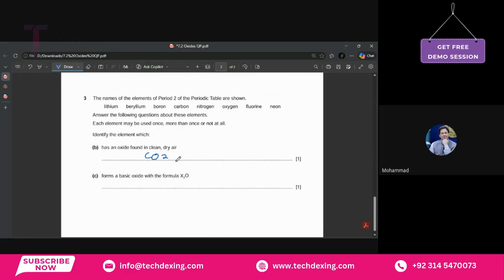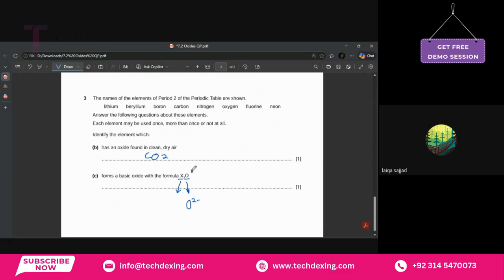What's the valency or oxidation number of oxygen? Yes, it's 2 minus. So what should be the oxidation number of this metal? The overall charge is zero.